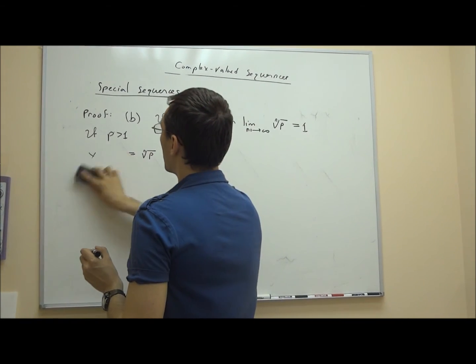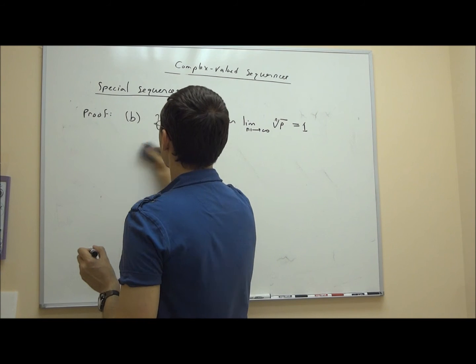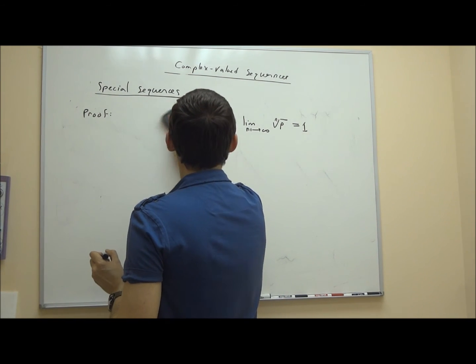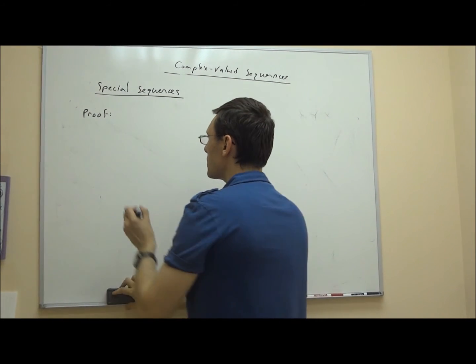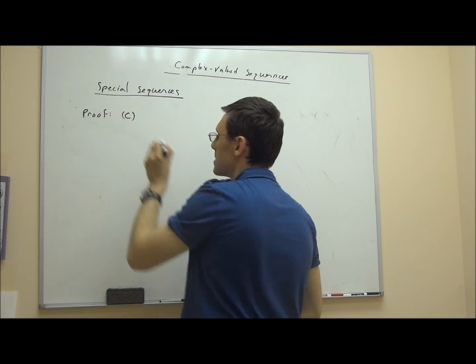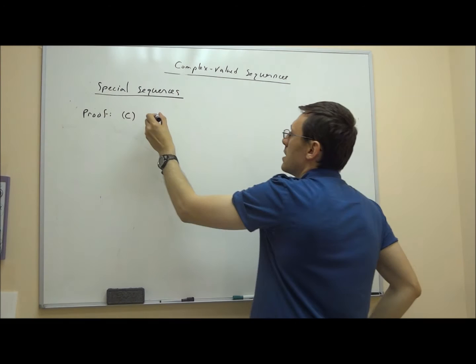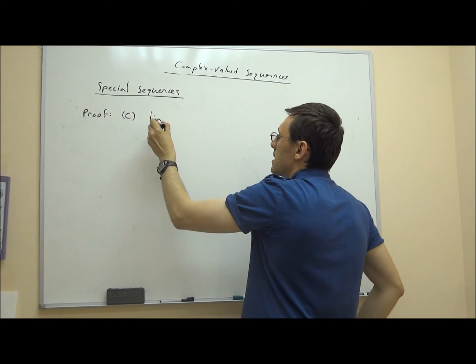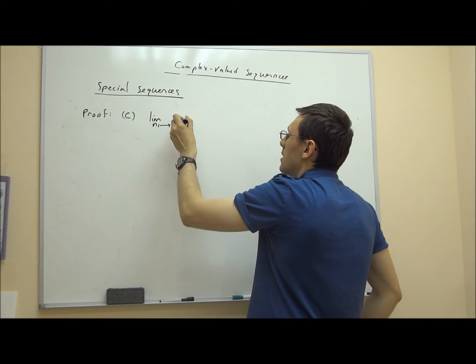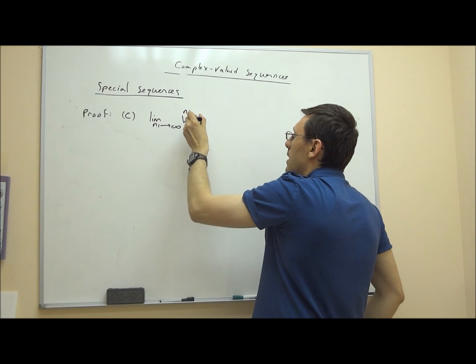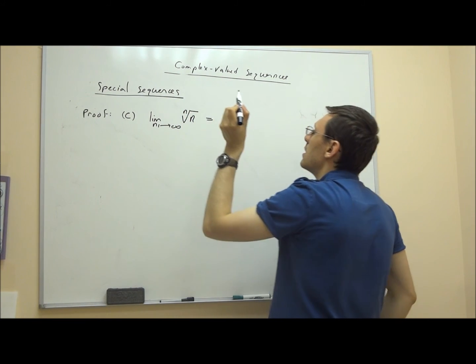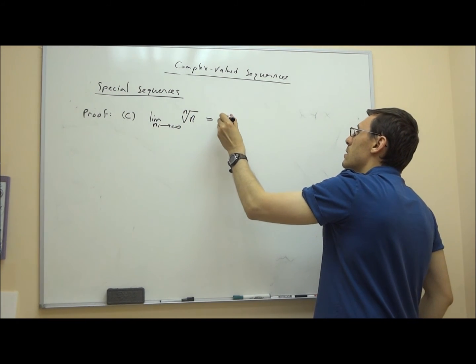So they get progressively harder. The next one is slightly harder. C. So C is asking to show that the limit as n goes to infinity of the nth root of n is equal to 1.